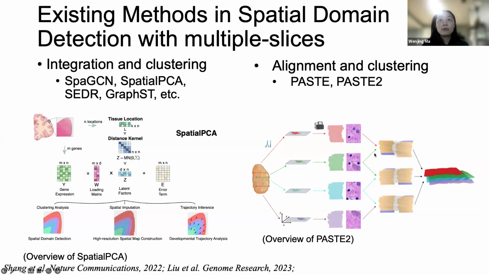Or, based on the gene expression and the coordinates, they perform image registration and alignment, and then perform clustering. Either way, they integrate all the slices together and then perform clustering to detect domains.